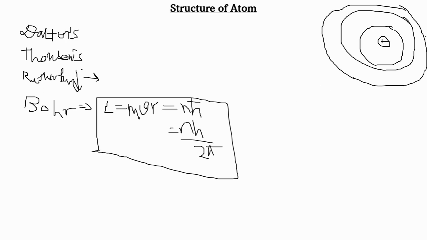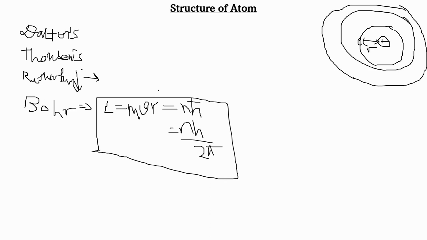He said that the coulombic force of interaction between the nucleus and the electron, placed at some distance, suppose this is r, is equal to the centrifugal force provided by the system, so that the electron revolves around the nucleus. So we balance the two forces.